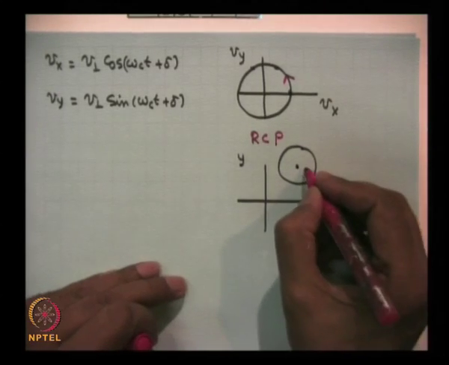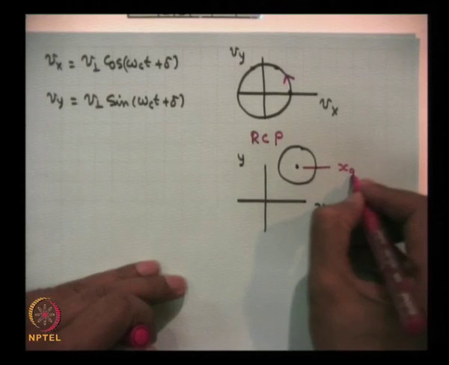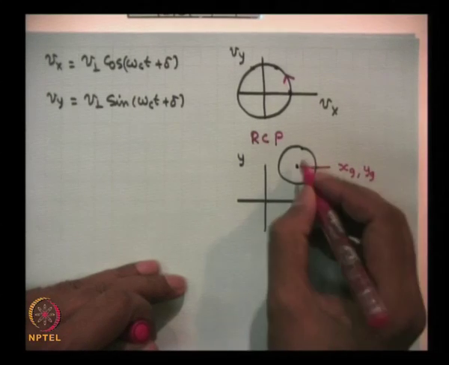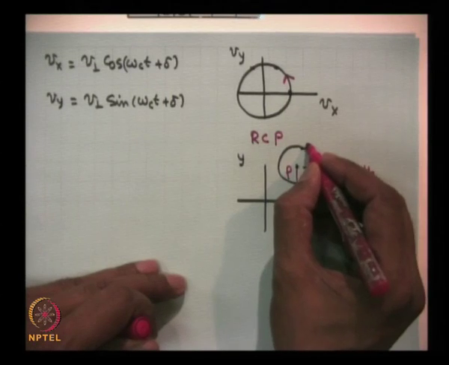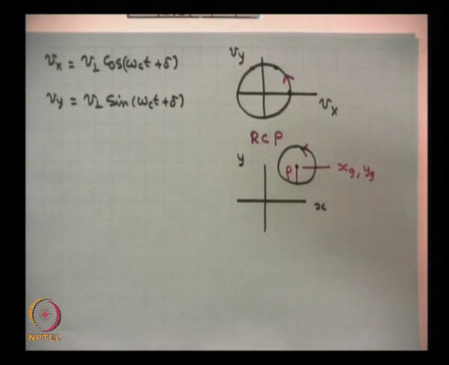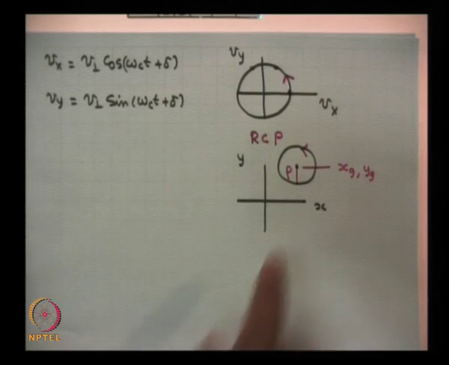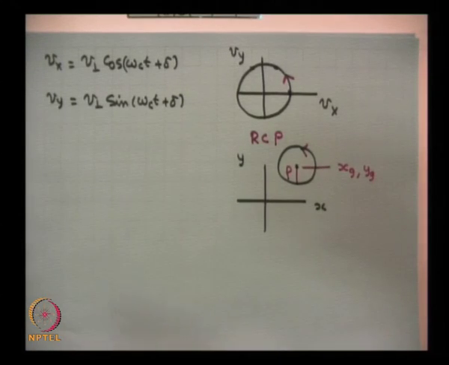This coordinate is xg yg, and this radius is rho, and the electron is rotating like this. So, what is happening is that the electrons rotate about a line of force. They can move along the line of force with velocity Vz, but they cannot leave the line of force.